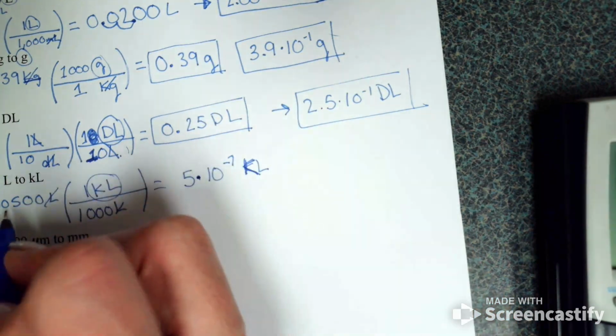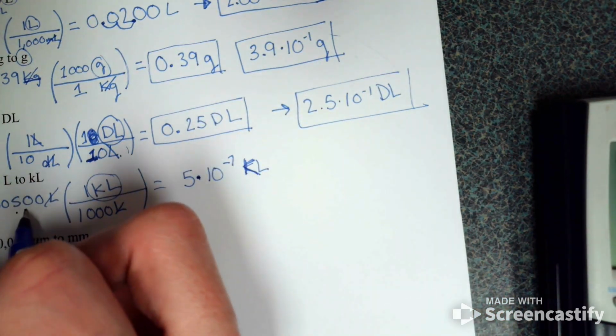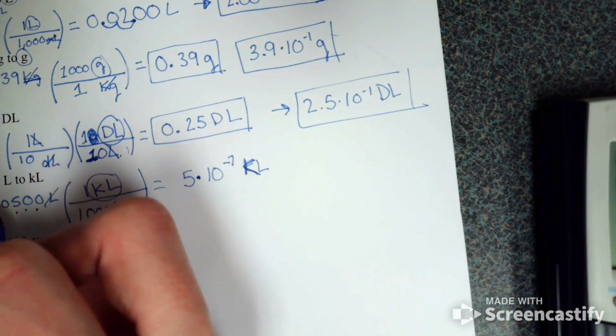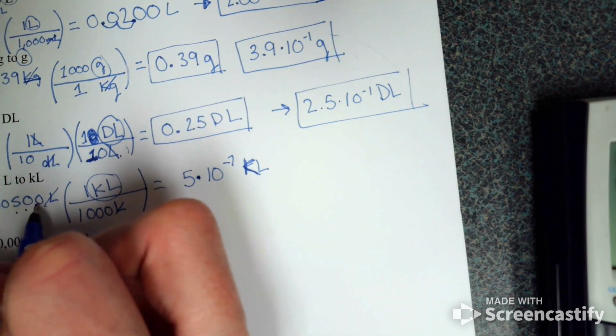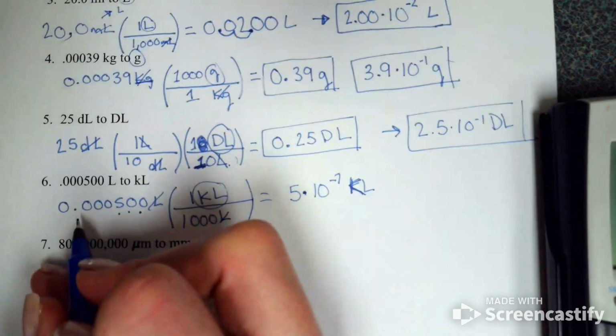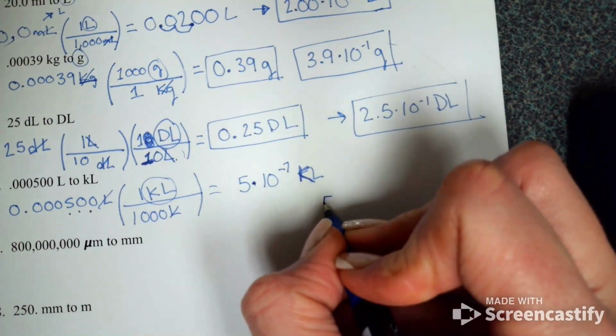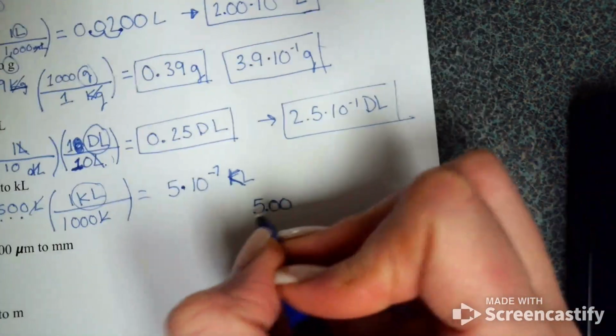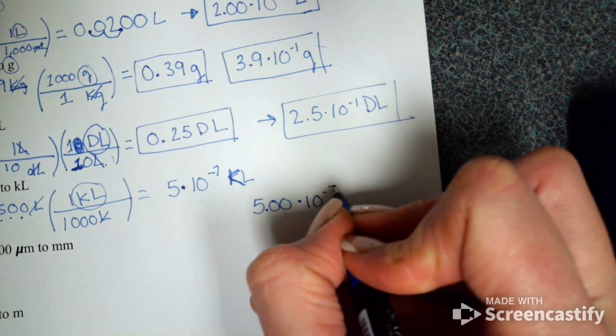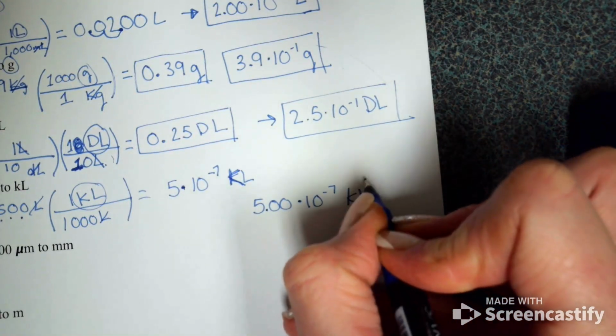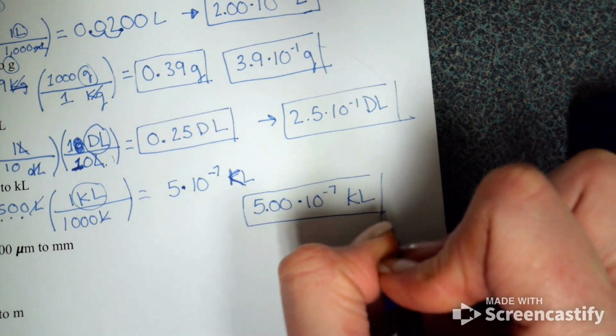So I've got a 5 right now, but this had 1, 2, 3 sig figs. Leading zeros never count. Trailing zeros count if there is a decimal. So I have to have 3 sig figs. So 5.00 times 10 to the negative 7th kiloliters. That is your final answer.